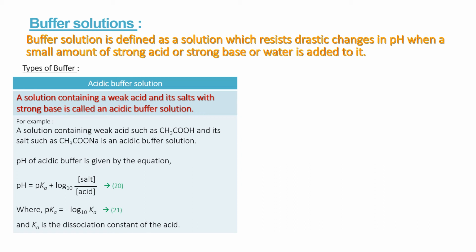Now the pH of the acidic buffer solution is given by pH is equal to pKa plus log to the base 10 of salt upon acid concentration.